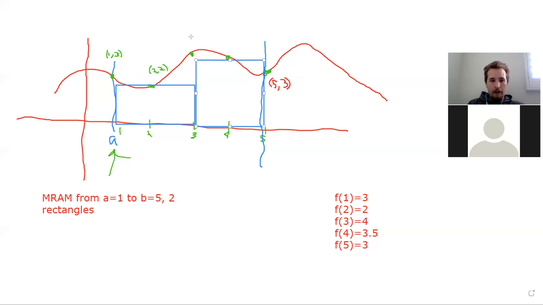Okay, so now area of a rectangle, right? What is the area of the first rectangle?